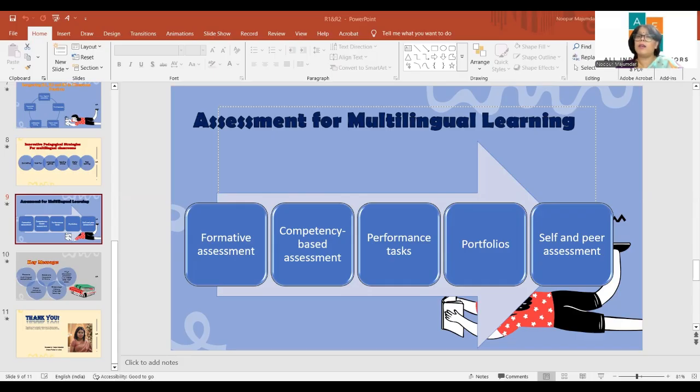So assessment should become assessment for learning, whatever the child is learning, not merely assessment of learning. When assessment encourages reflection, communication, and growth, our students become confident, they become lifelong learners rather than exam focused learners. That we need to remove.